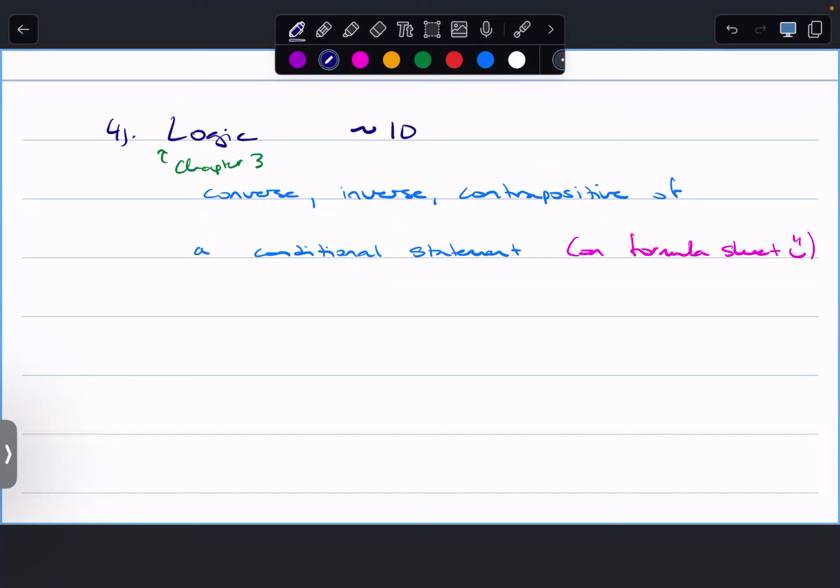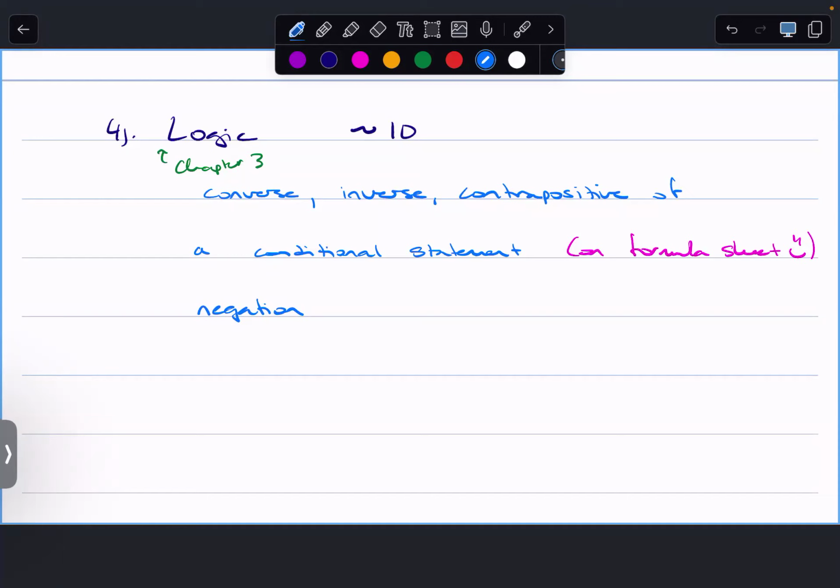And then negation. Try to keep those sentence ones kind of to a minimum. The negation is also on your formula sheet, although maybe not explicitly.